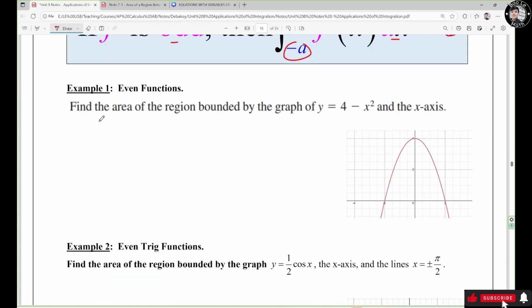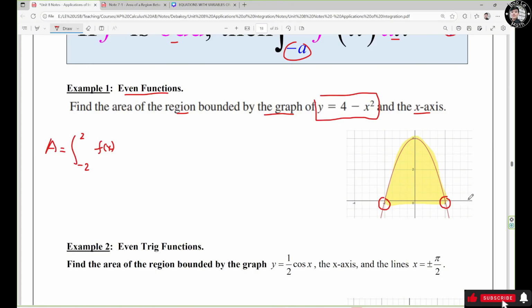Let's take a look at the first example. Even functions. Find the area of the region bounded by the graph of y equals 4 minus s squared and the x-axis. So the area should be the integral from the left bound, negative 2, to the right bound, 2, of the upper function subtract the lower function.